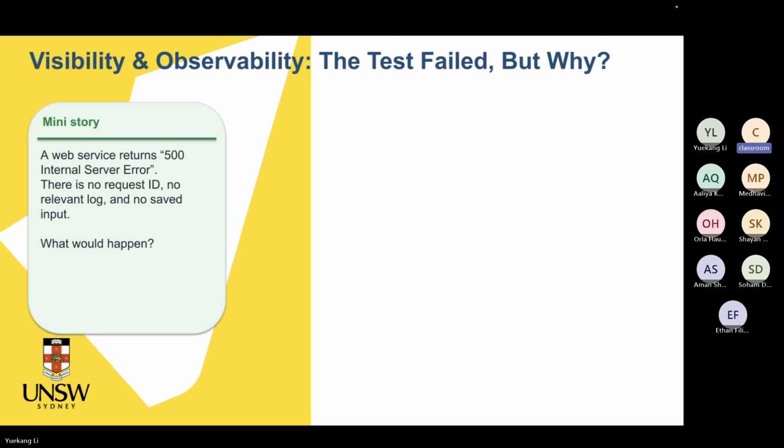So when you see this, and if there's no request ID, there's no relevant log, and there's no saved input that can trigger this web service, then what would happen? What will happen is that the team cannot reproduce or explain the failure, right? So with just the error message here without any other supporting information, we don't know what's happening.